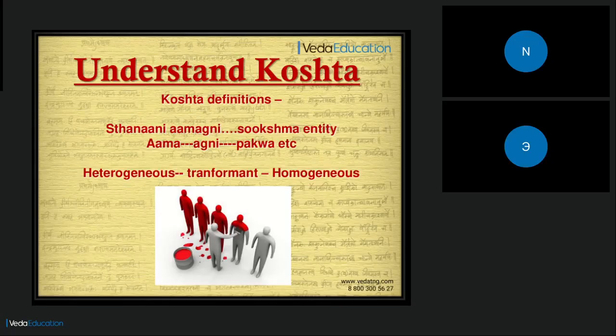For example, I have taken food just now, so the food is heterogeneous to me. This is called ama, temporarily. And my Agni will do the transformation of my food. Then food will become homogeneous. It is called pakwa. That means the role of Agni is to transform or change heterogeneous to homogeneous.